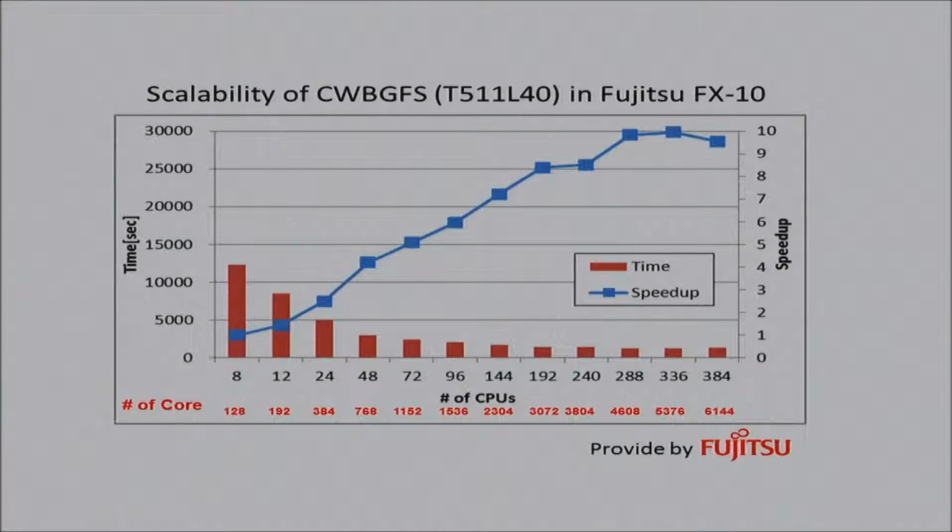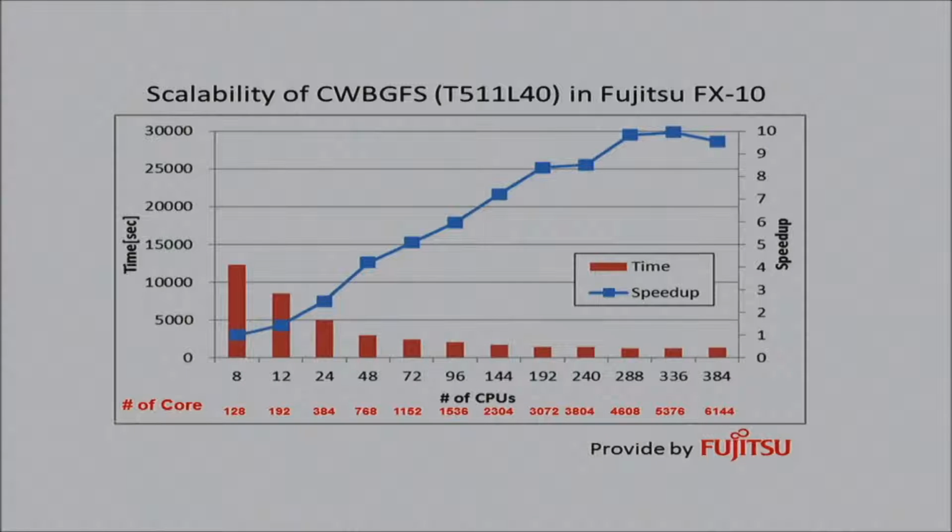And this is the final report. The final slide. This figure shows the scalability of CWB-GFS on this Fujitsu FX10. This is the core number we use, and this is the speedup.